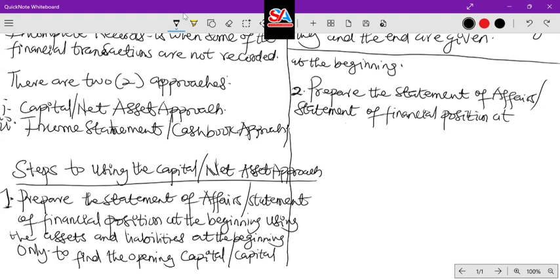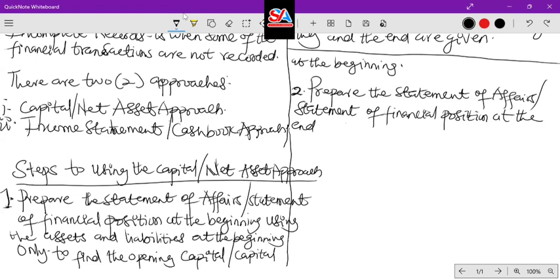So the first one is prepare the statement of affairs at the beginning, using the assets and liabilities at the beginning. Second one, prepare the statement of affairs or a statement of financial position at the end, using the assets and liabilities at the end.